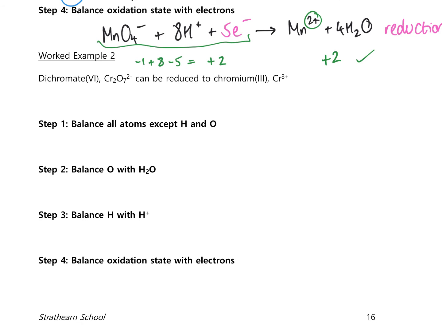So here we're writing a half equation for the dichromate ion being reduced to chromium. So that is Cr2O7 2- being reduced to chromium Cr3+. So writing your reactant to product first of all. And then step 1 in balancing the half equation is to balance all atoms except your hydrogen and your oxygen.